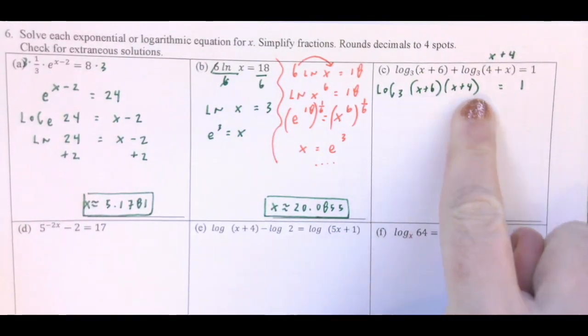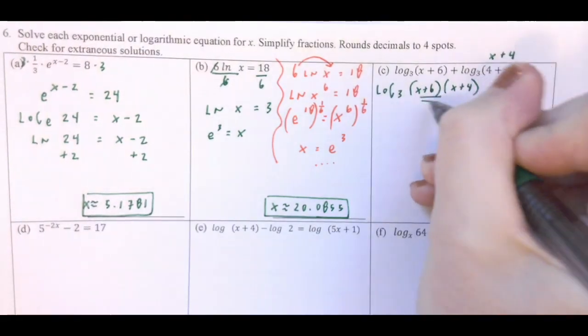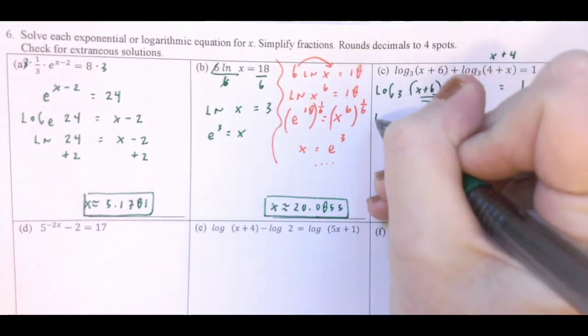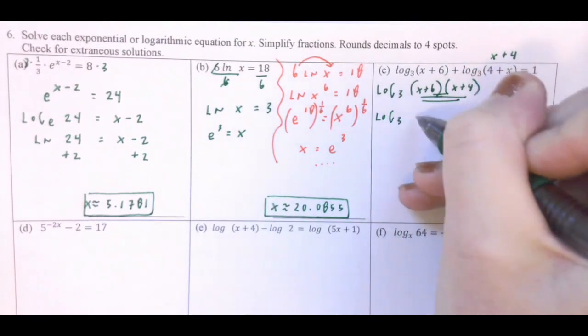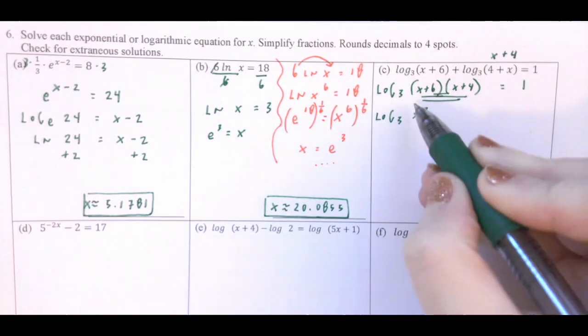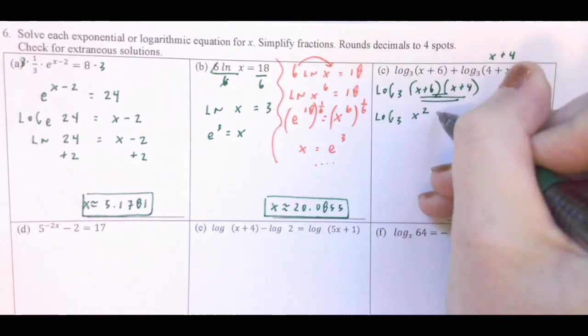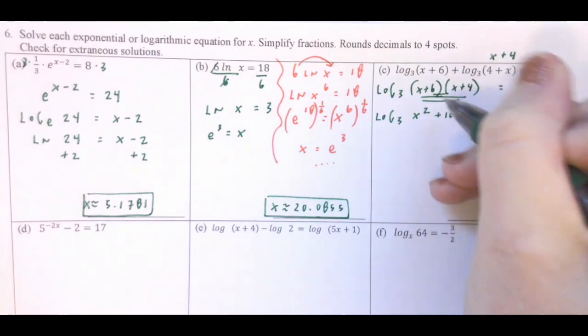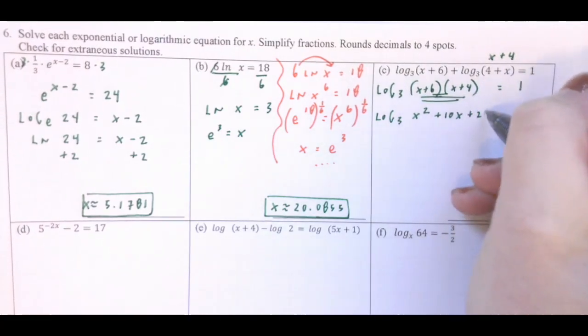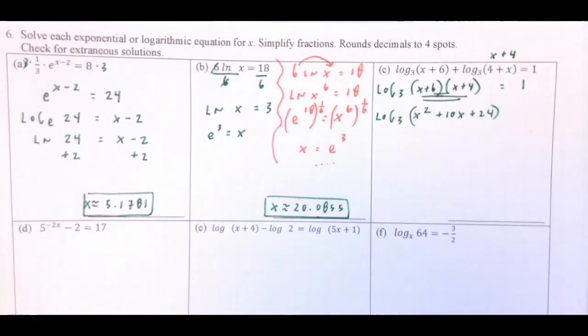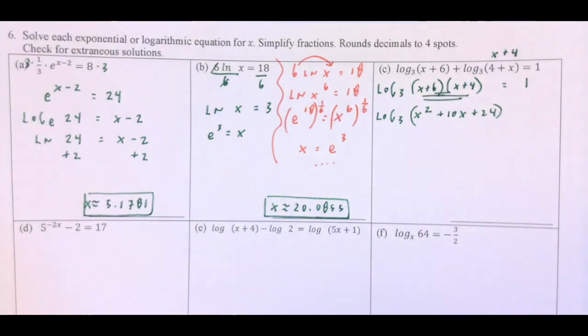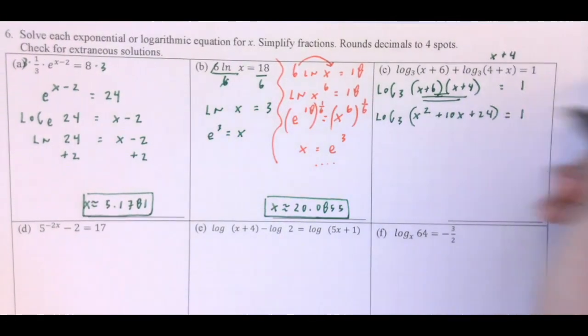Now I FOIL this out: first, outer, inner, last. Log base 3 of x squared plus 4x plus 6x is 10x, plus 24, all in parentheses because it's still in the argument position, equal to 1.